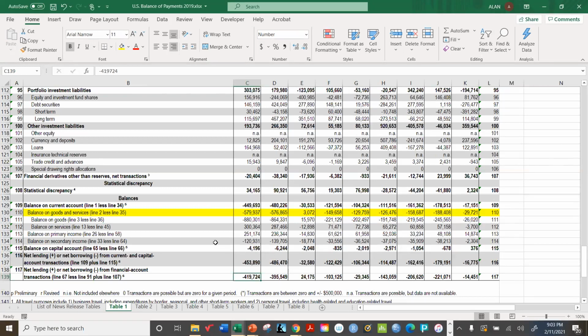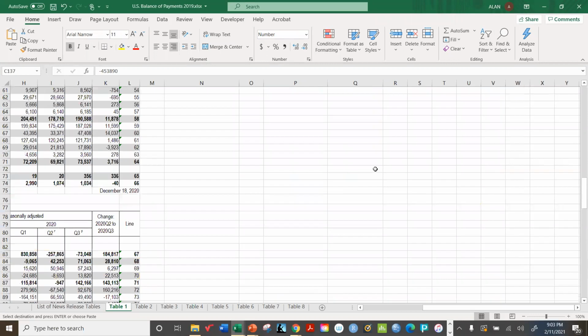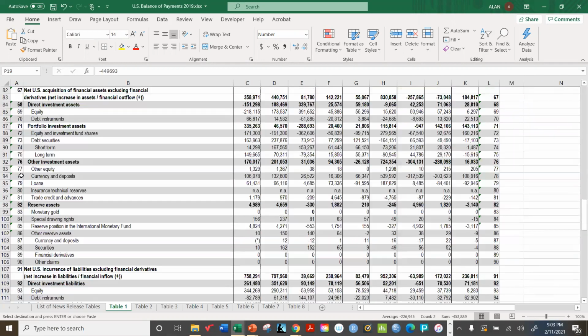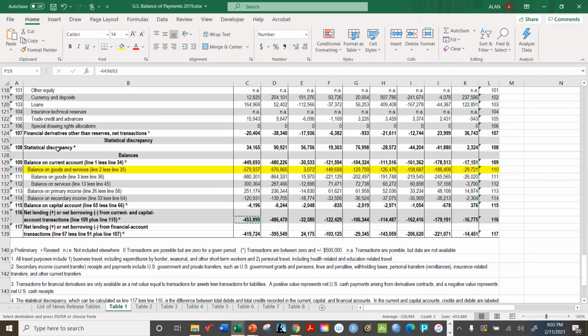It's just so strangely worded. They're claiming that this represents the sum of both the current and capital account balances. Let me just check that out. So is this true? No, not really. That's very strange. And then this, it looks like it must be the financial account.